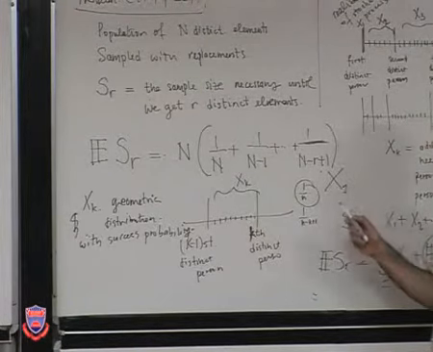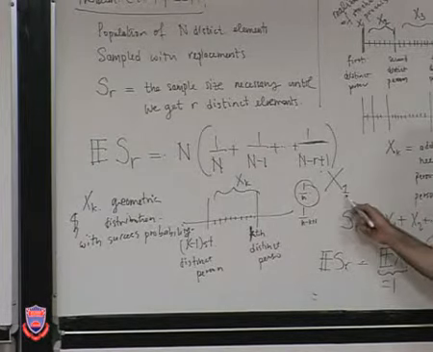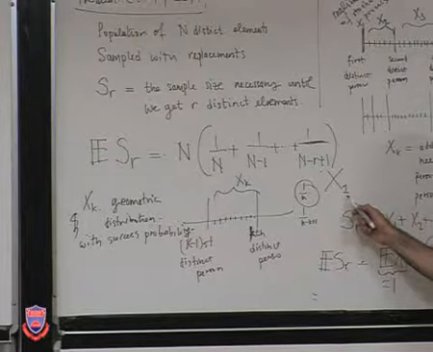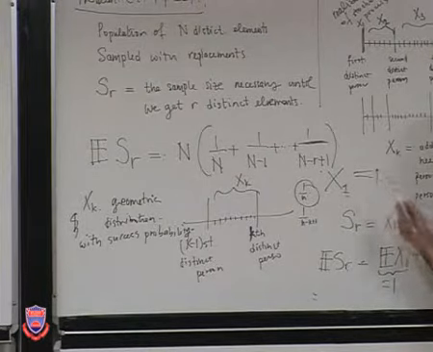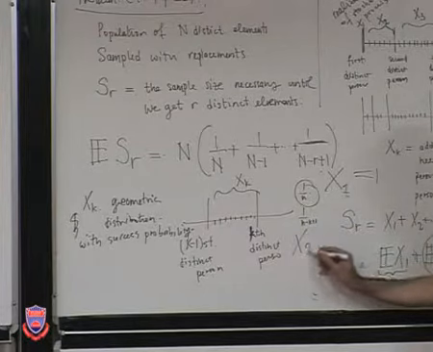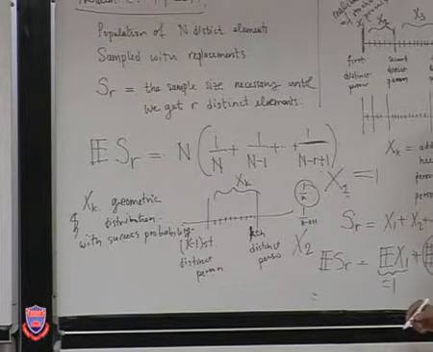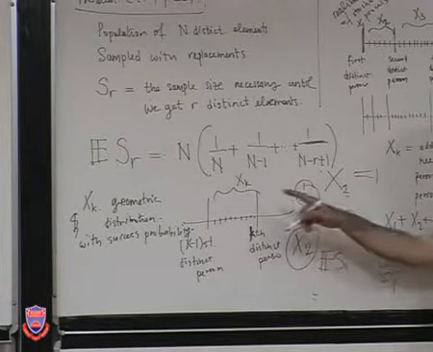We know what x1 is. What was x1? It's the number of samples until we get the very first distinct person. But we said this is 1 already. Maybe you are thinking of x2. What is the distribution of x2? It's a geometric distribution.